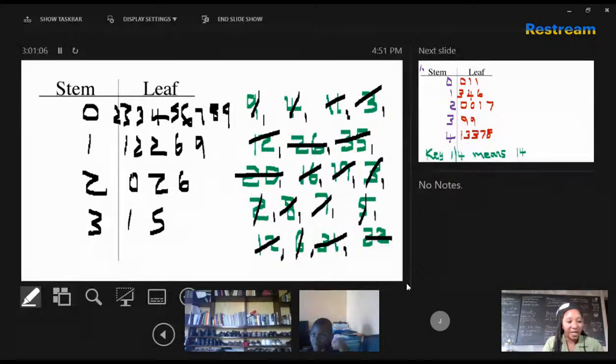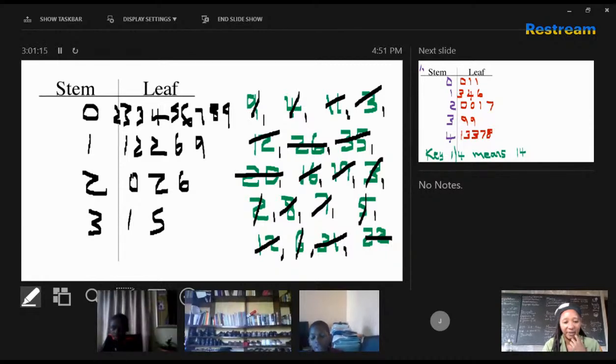And how about the range? What's the range? When you subtract the smallest number and the biggest number. All right. So the range is the difference between the smallest and the biggest numbers.